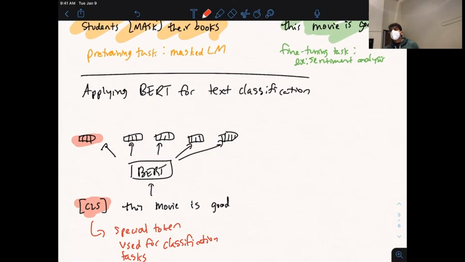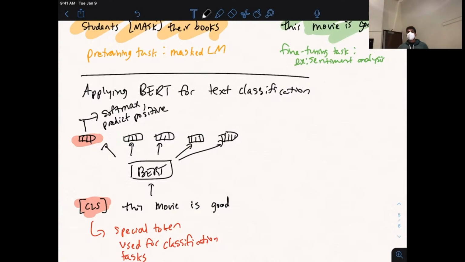So I put the sentence through my pre-trained BERT model. I get these representations, and now I will put a softmax layer over the CLS token to predict positive.